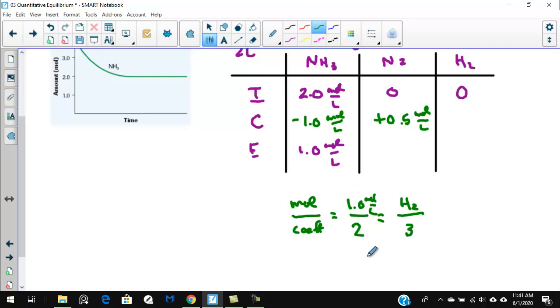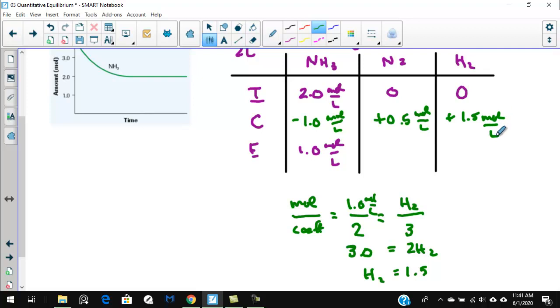So 3 times 1 is 3, and 2 times H2, and then H2 comes out to equal 1.5. Okay, so that means then we're going to undergo a change here of 1.5. It's on the product side, so it's positive 1.5 moles per liter.